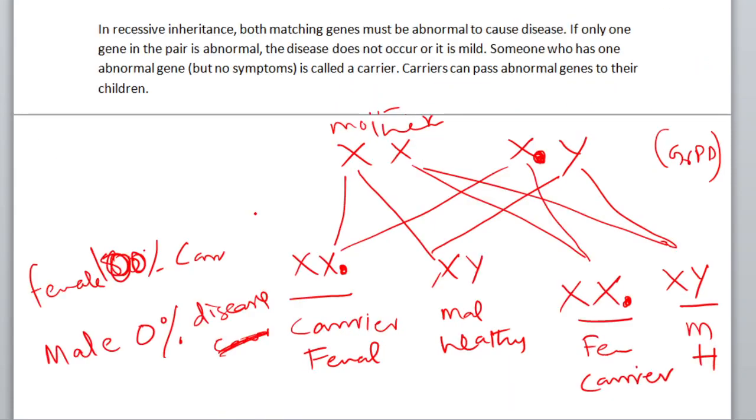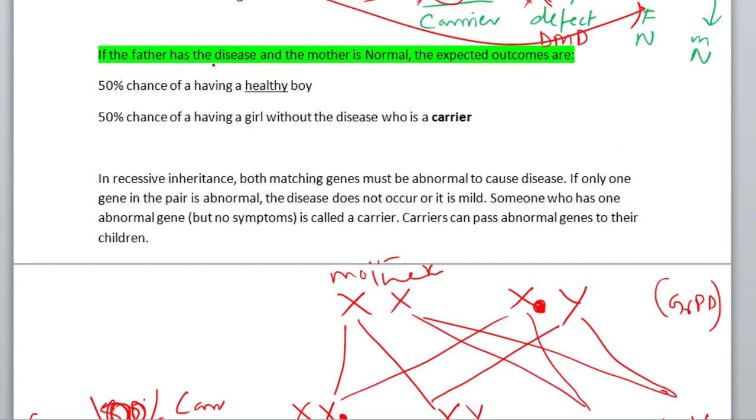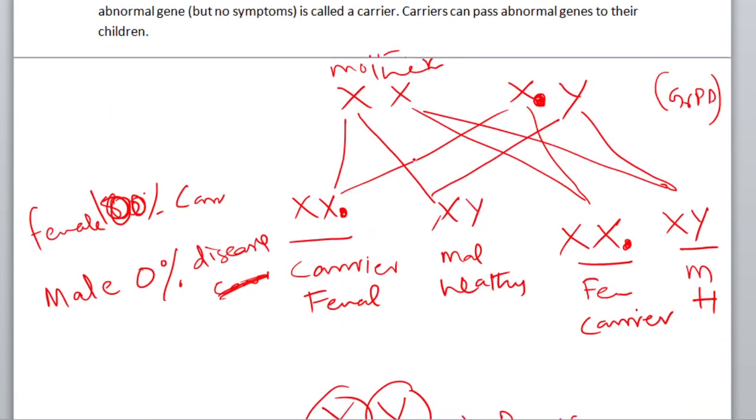There you go. Now we will just read. If the father has the disease and the mother is normal, the expected outcomes are a 50% chance of a healthy boy, and a 50% chance of a girl without the disease who is a carrier. Now they are talking as a whole.